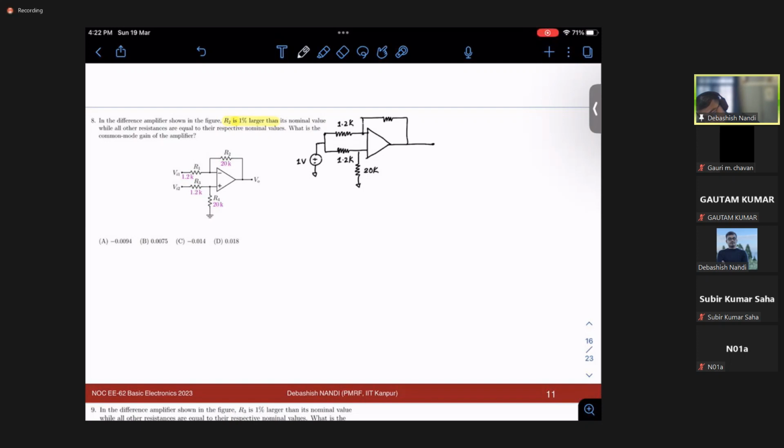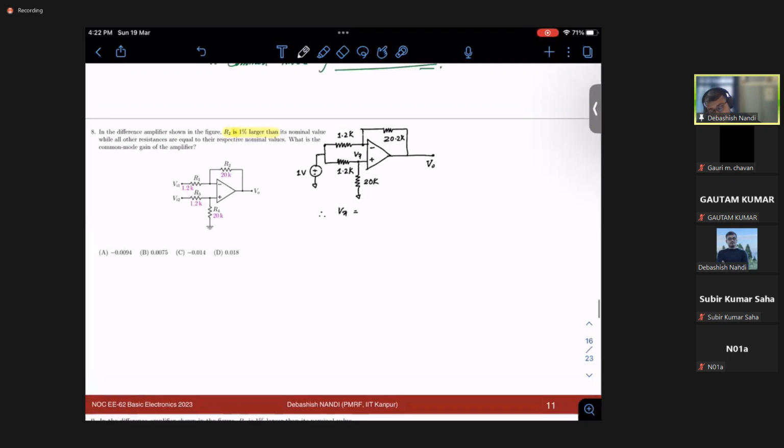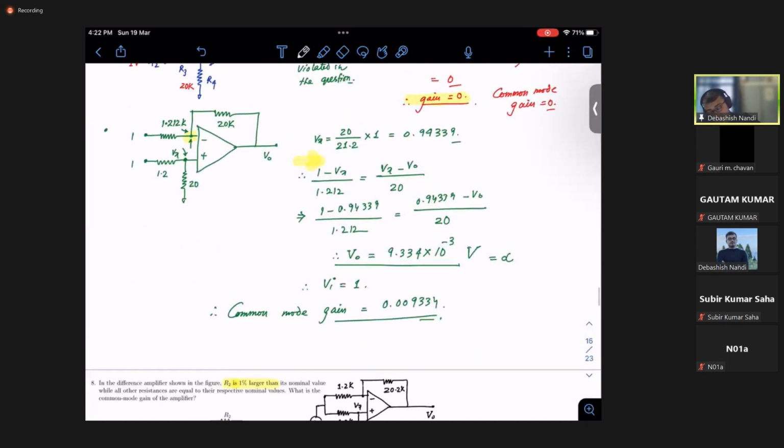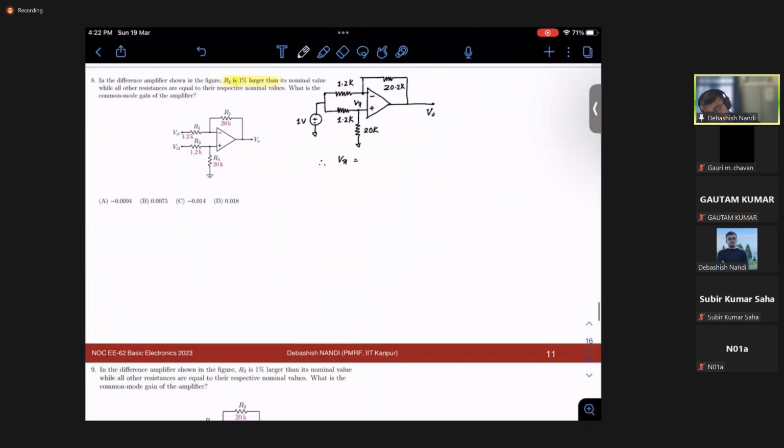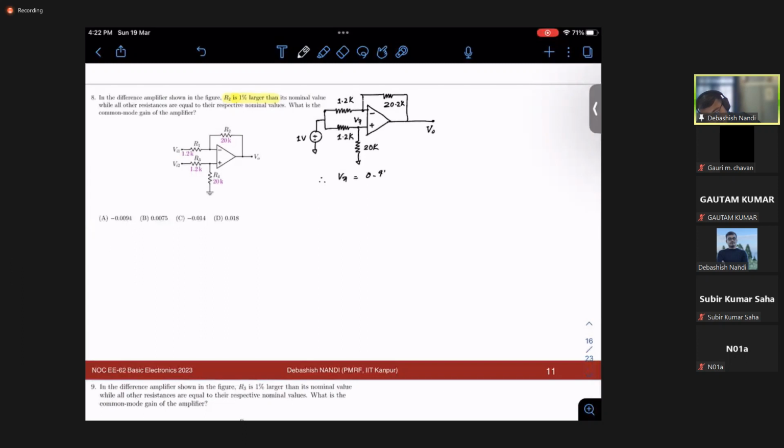Again, this is Vx. Vx remains the same as in the last problem, so 0.94339. See, I am dealing with a very small value, right? If I see the options, they are in the milli range. So that's why I am taking this value with very high precision, multiple decimals, because I need to get the difference.